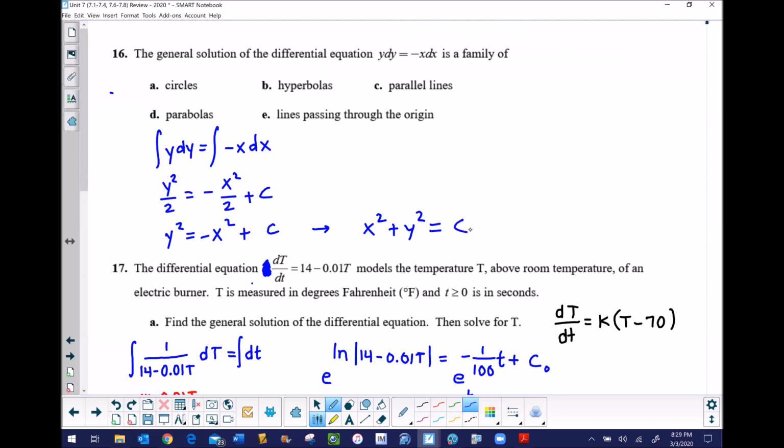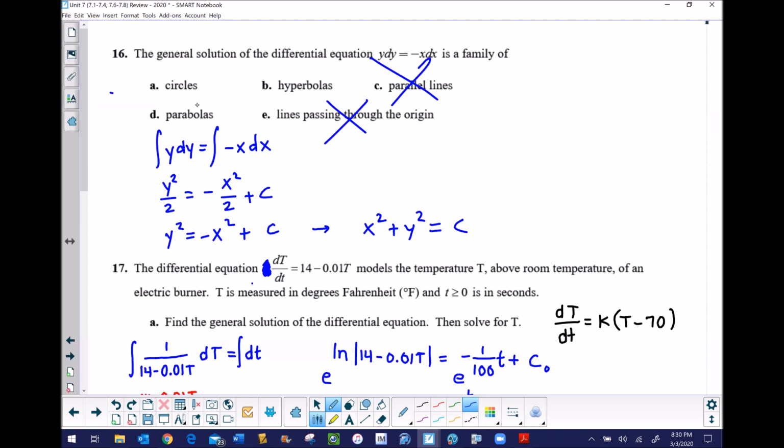And then I ask you, does this look like any familiar equation that you've seen in your lives? Is it a circle? Hyperbola? Parallel lines? Parabola? Or lines passing through origin? This is definitely a conic section.